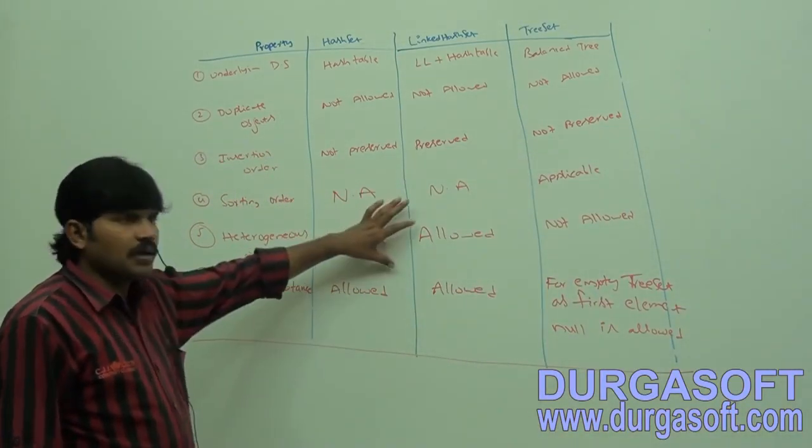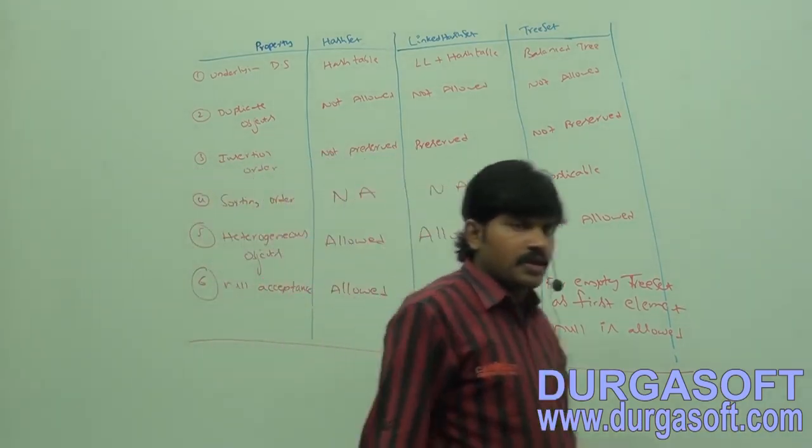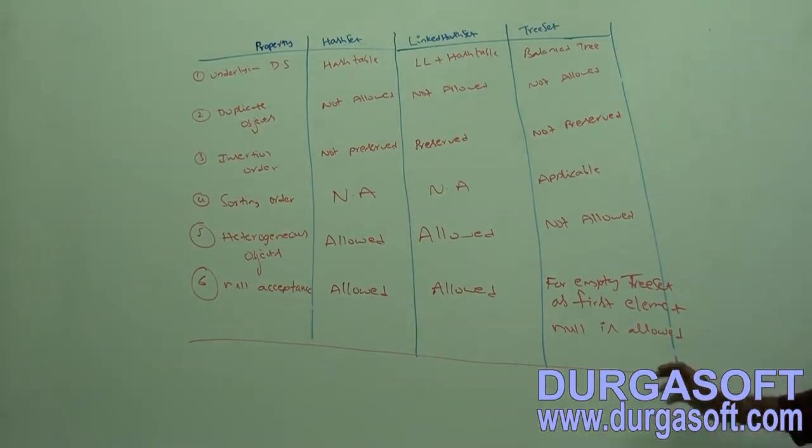That's all. Completed, I hope. Terminology is very, very clear for you people, right? Okay. For an empty tree set as the first element, null is allowed. That's all. Not required to keep any explanation about this one.